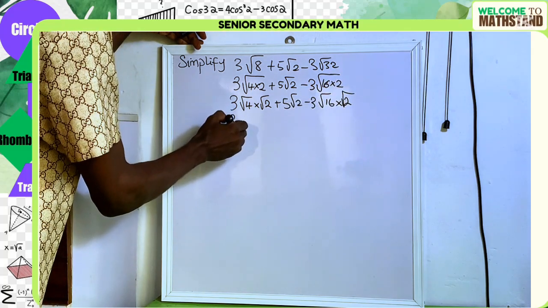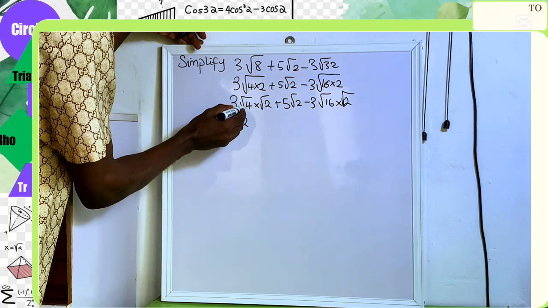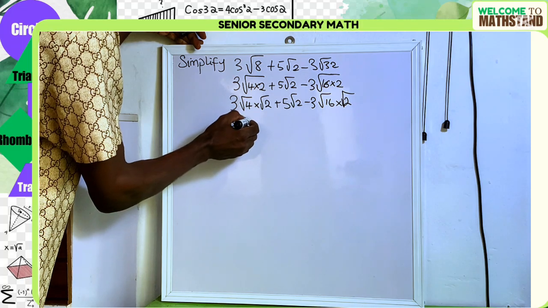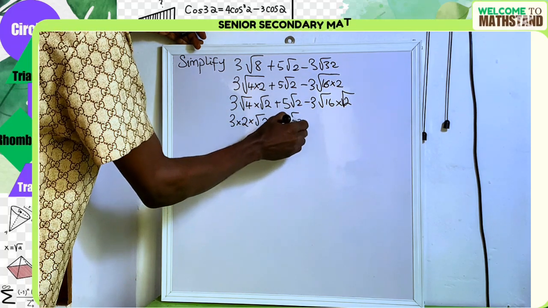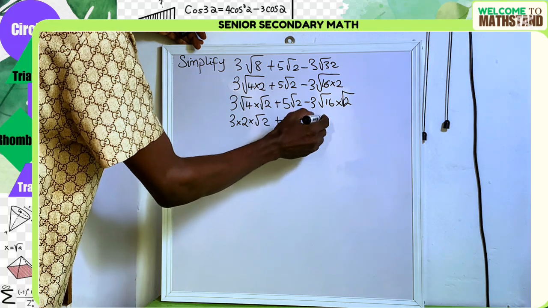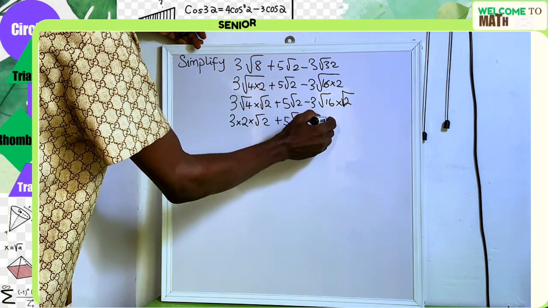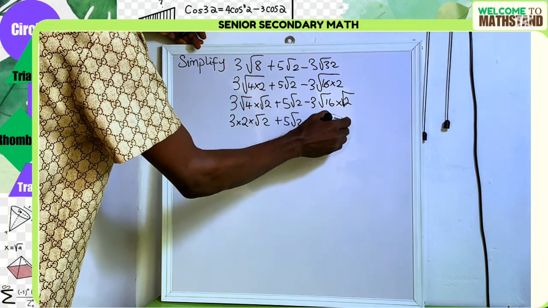So we have 3 times 2, since the square root of 4 is 2, then times √2, plus 5√2, minus 3 times the square root of 16, which is 4, times √2.